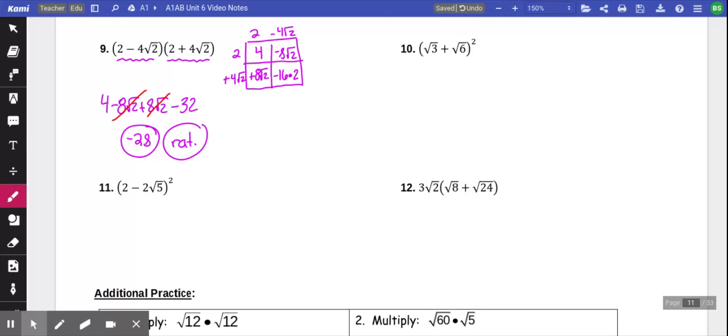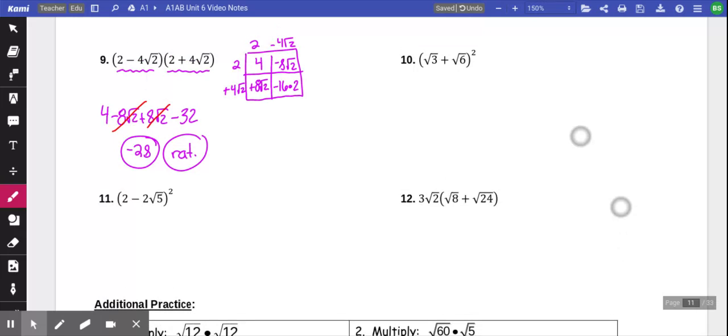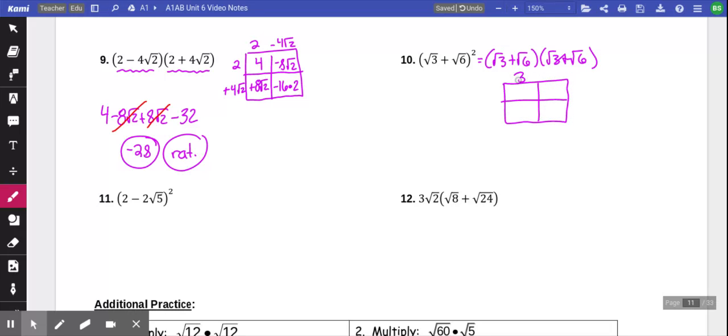10 is very similar. Remember, whenever you see the squared, write it out. This will be radical 3 plus radical 6 times radical 3 plus radical 6, because the squared indicates we are multiplying it twice. I'm going to use this organization again, where we have 3 plus radical 6 and 3 plus radical 6. 3 times 3 will give us 9. 3 times radical 6, they have no like pieces, so we just leave it as 3 times radical 6, or 3 radical 6.